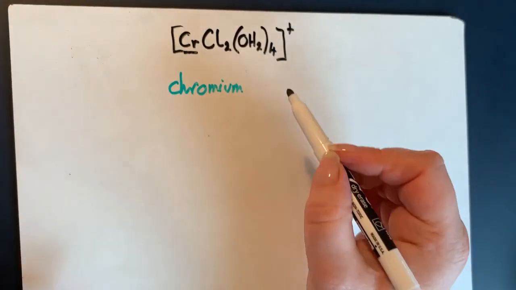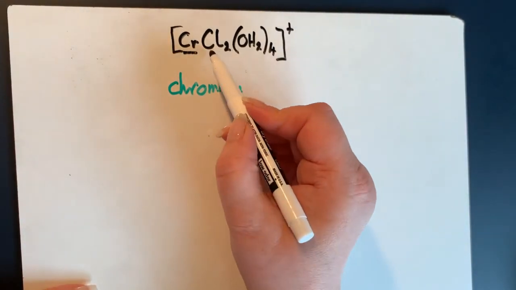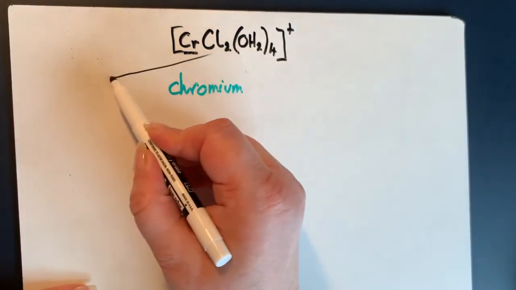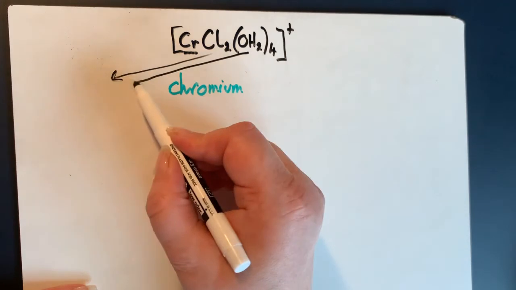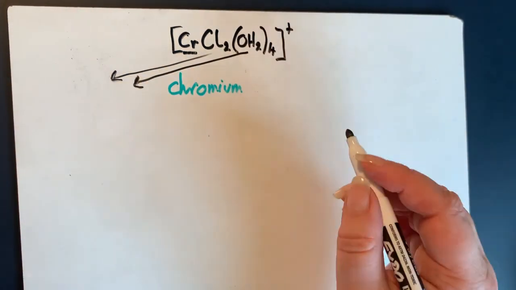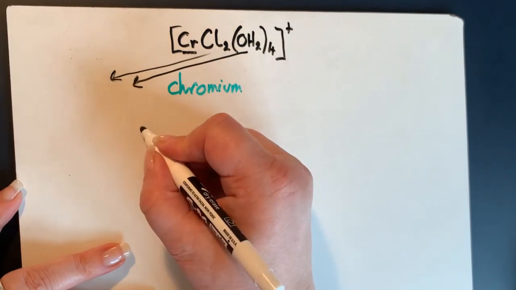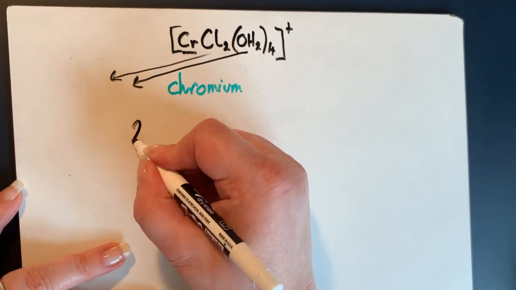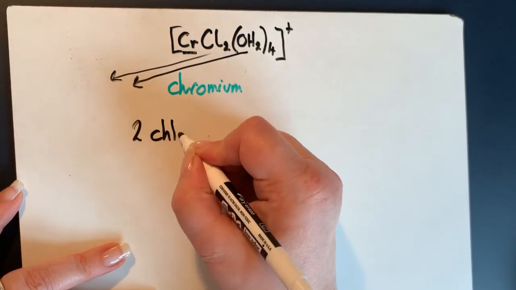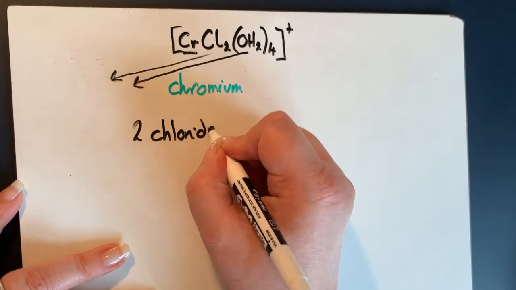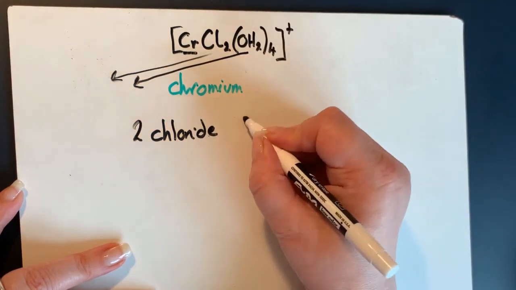In our name, our ligands will be named before our chromium, but to sort them out, we'll have a look at this. So in our ligands, we've got 2 chlorides, and we've got 4 water.